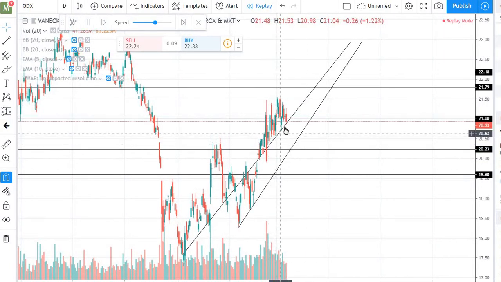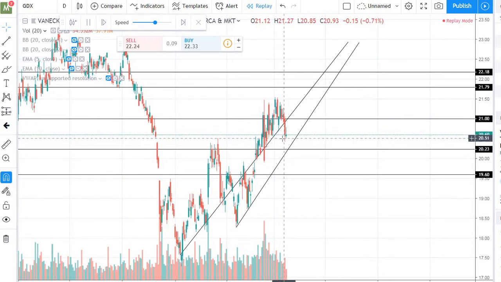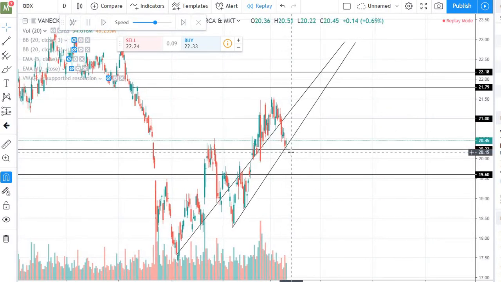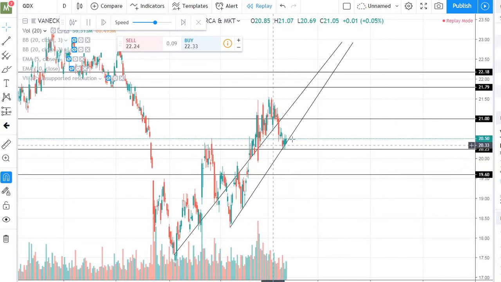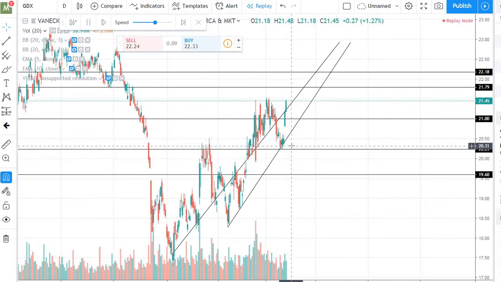So as you can see here, they're coming back to test the trend lines pretty frequently. That one dropped there. Oh, look where that hit. Right exactly on the support and the trend line.